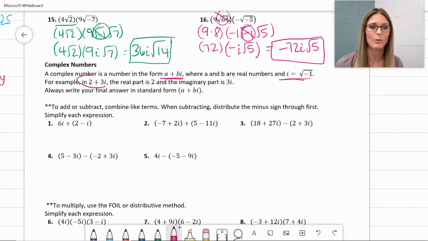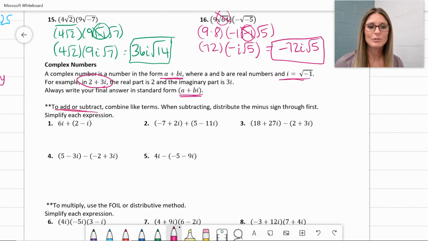For example, 2 plus 3i would be a complex number. It's got a real piece and it's got an imaginary piece, so it makes it super complex. 2 is the real piece and imaginary part is the 3i. Write your final answer in that form. Always put your real, then plus or minus your imaginary.